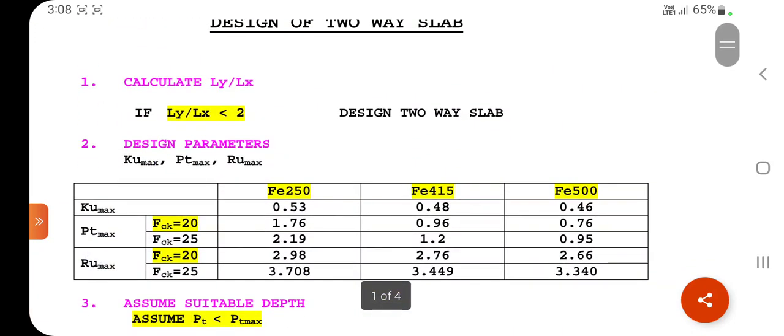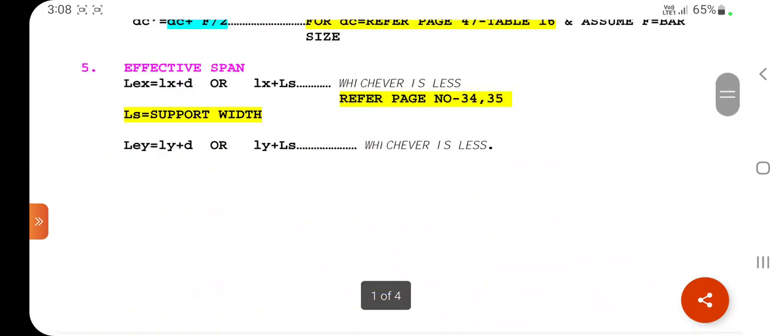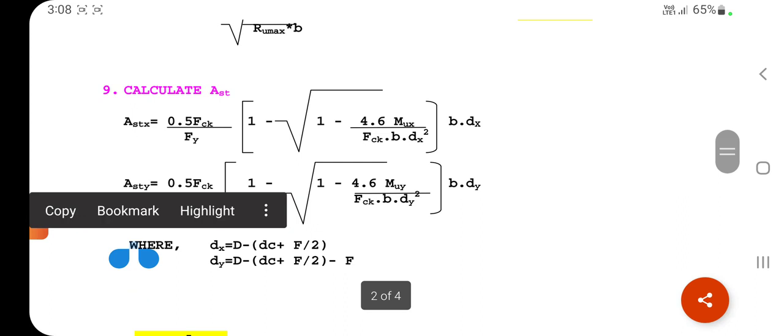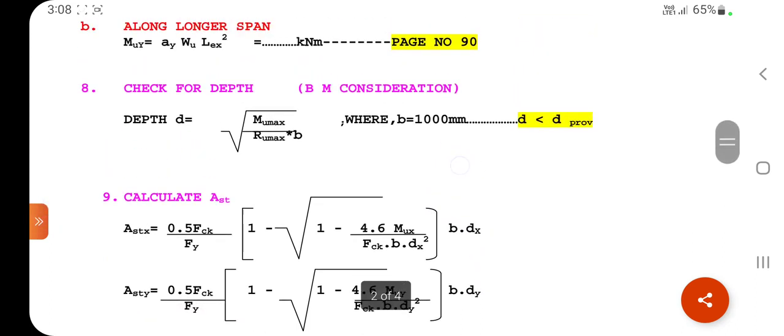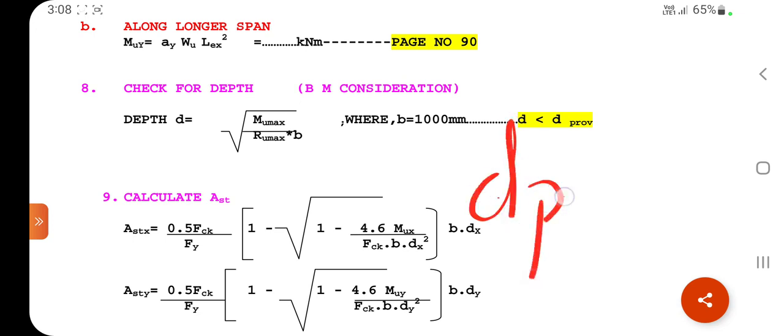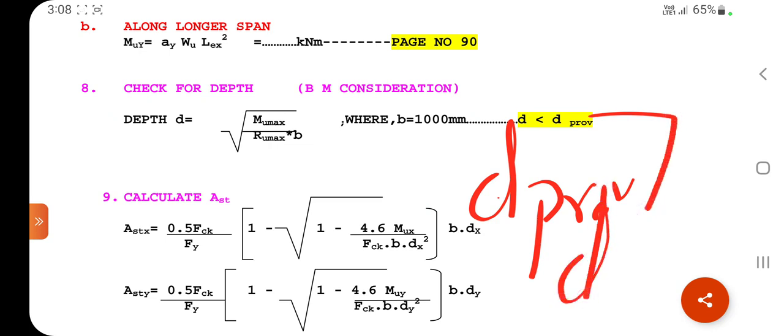From here, the value of Ru max is considered. Then what is this check? This check states that the depth d required should be less than d provided, or in other words, d provided should be greater than d required.